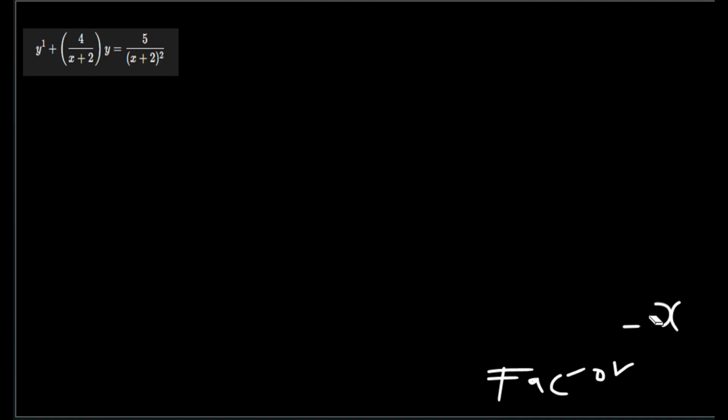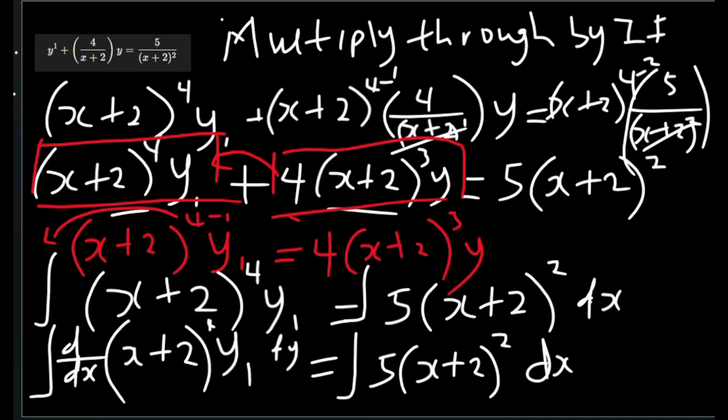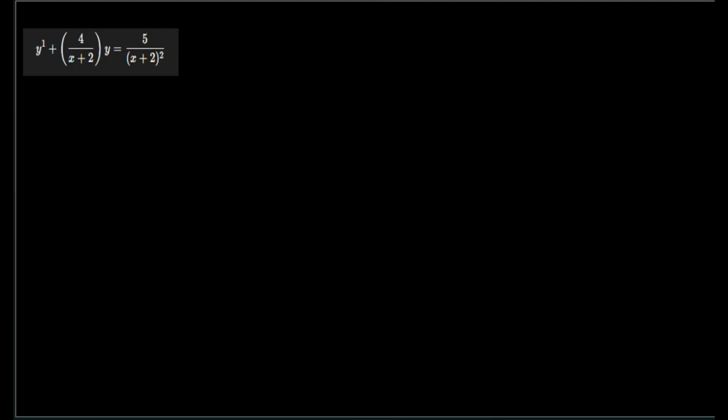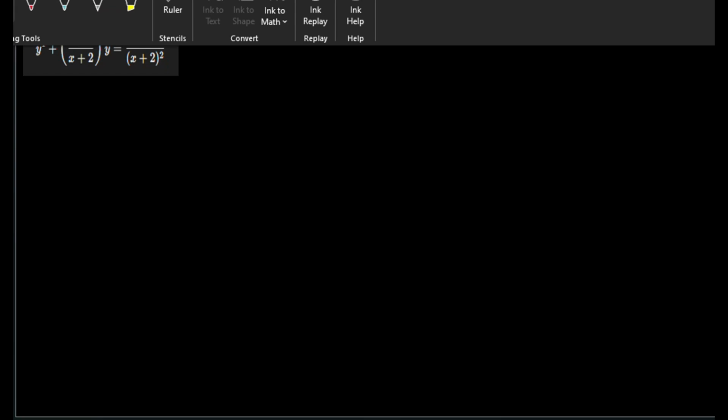So whilst I erase this from here, you should note that whenever you integrate something that has already been differentiated, you are going to get the actual thing. And it's the same thing that is happening here when you look at the left hand side of the equation. So when we integrate that y', we get y, right?